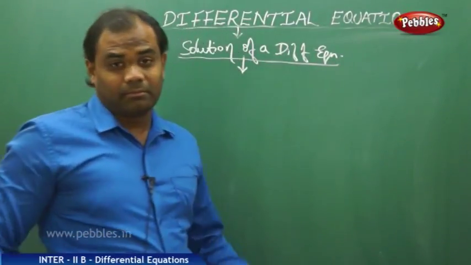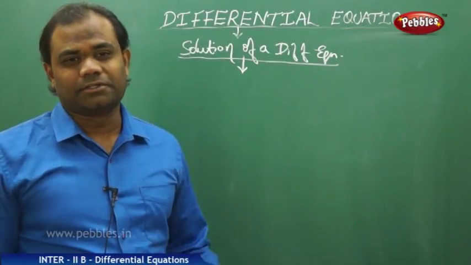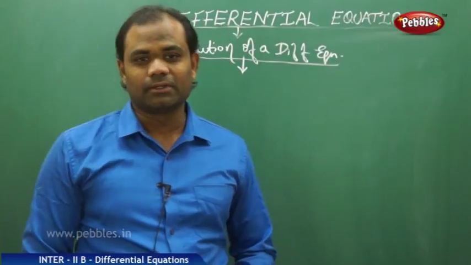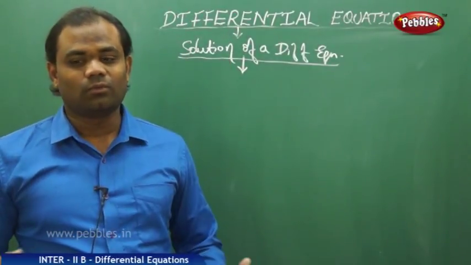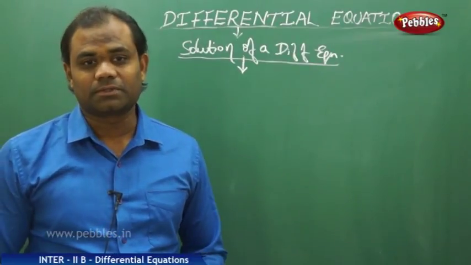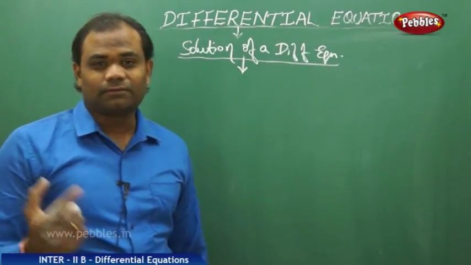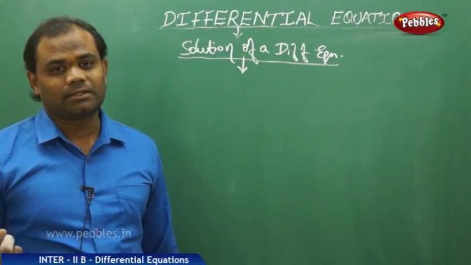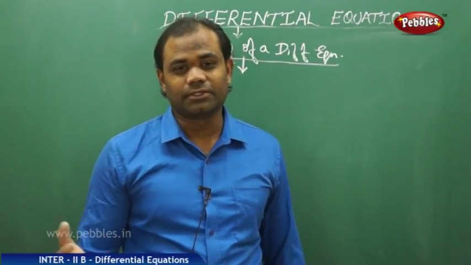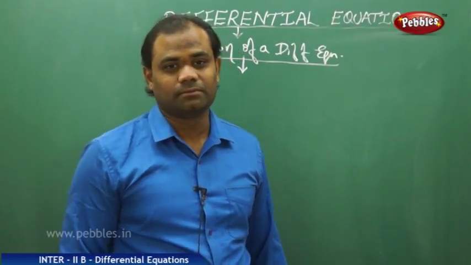Now, what do we mean by solution of a differential equation? In general, we know that a differential equation is an equation which involves one dependent variable and one or more independent variables. So the value of that dependent variable which satisfies the given differential equation is called the solution of a differential equation.